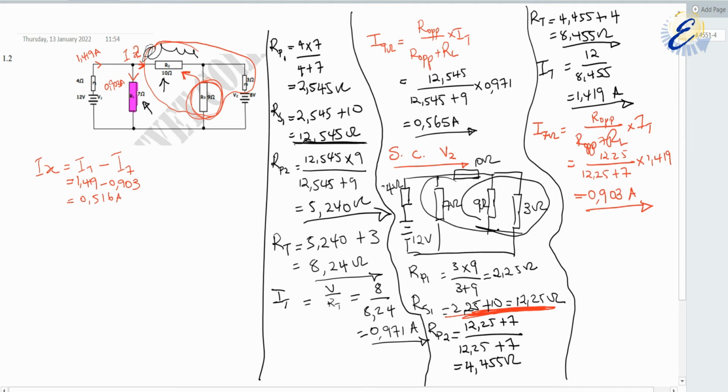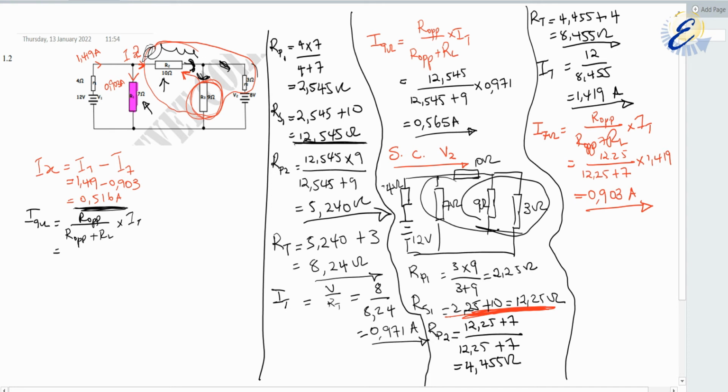What does this mean now? This will be the current that is shared amongst our load and the opposite one. Can you see that? And then again, we go to our equation. I9 ohms will be equal to the opposite over the opposite plus load multiplied by that particular current.